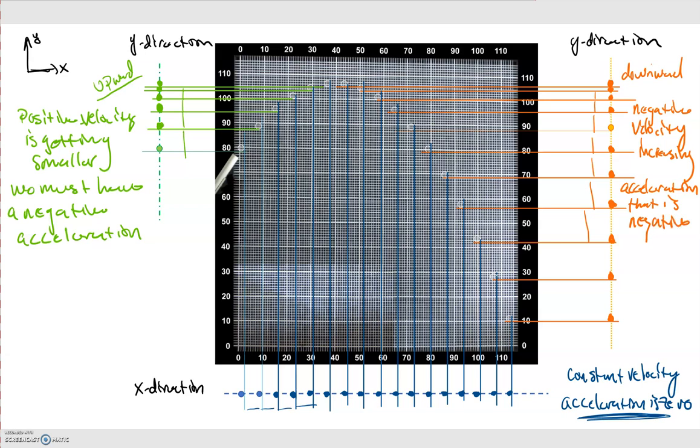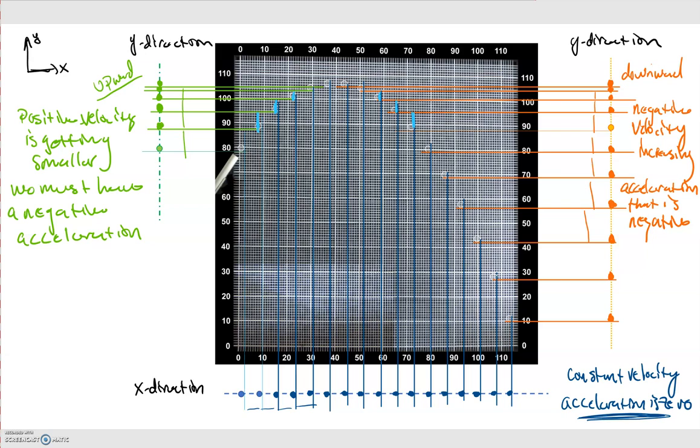So let's take a look at both the upward and downward motion diagrams and compare the spacing between like points in the y direction. So if we look at the spacing between these points on the upward and then these points on the downward, what we see is that the spacing between those points is the same. So in both the upward and the downward direction, we have the same magnitude of the acceleration.